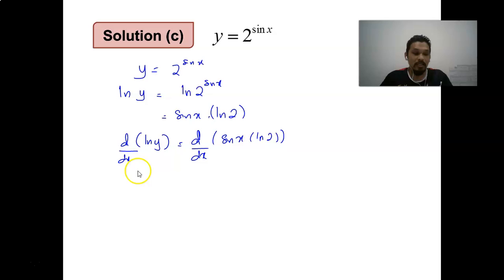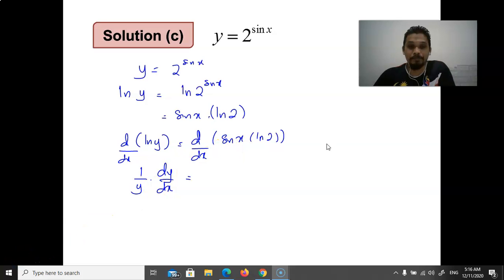So then, differentiating ln y gives 1 over y, and because we differentiate y with respect to x, we come out with dy/dx. Now for this one, ln 2 is a constant.